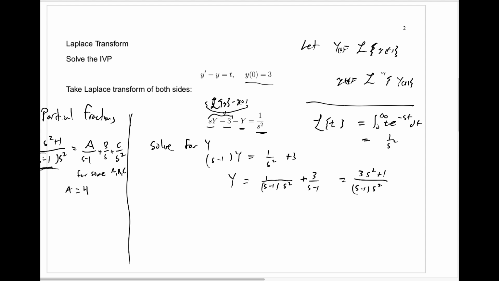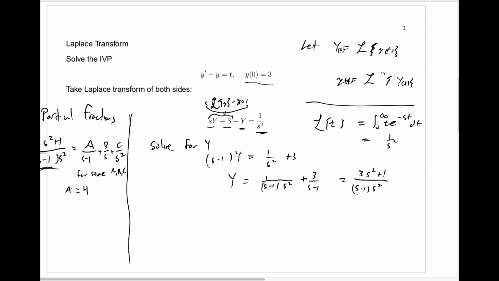Multiply both sides by s minus 1, so this factor in the denominator disappears, but so does this s minus 1, and the other stuff gets multiplied by an s minus 1. Then when you plug in s equals 1, you'll get the 4 on the left. You'll get A isolated on the right because all the rest will go to 0 when you plug in s equals 1. That's really why this cover-up method works.